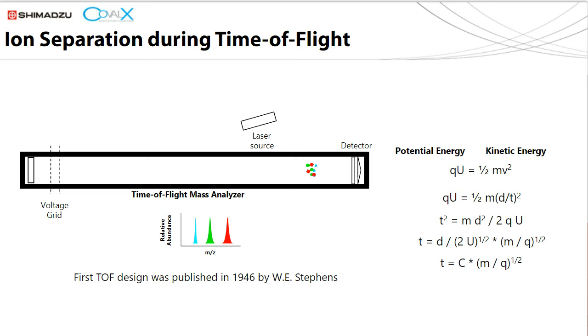One critical equation for this is KE equals 1/2 mv squared. Kinetic energy equals 1/2 mv squared, which is critical for both the separation as well as the detection once impacting the detector, as we'll get to in just a moment.